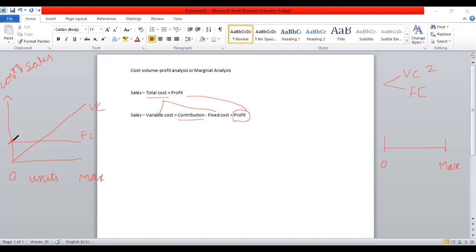So from here, it keeps rising. The total cost keeps rising from the point of fixed cost, and because from there the variable cost keeps increasing proportionately, the cost also increases, but we do not see that the overall impact is proportional.